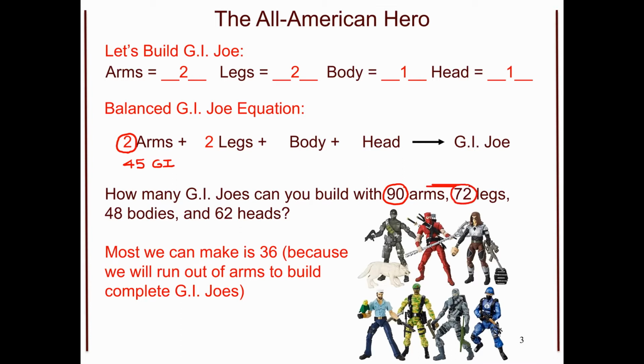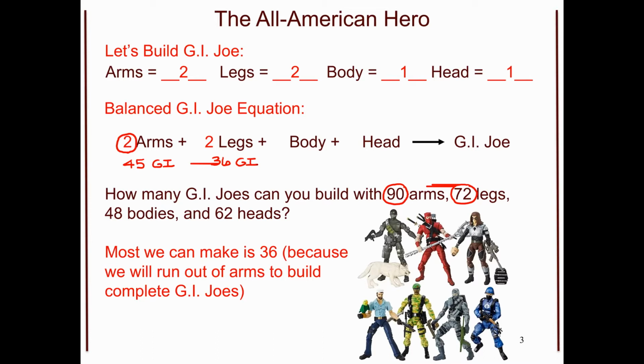So if I go look at my balanced chemical equation, you will see that I need 2 legs for every GI Joe, and now I am able to only build 36 GI Joes. So this means of my 36 GI Joes that have legs, they will also have arms. But then there are going to be 9 GI Joes that have arms, but don't have legs. So we've got to be very concerned about that because we need to have fully created GI Joes.